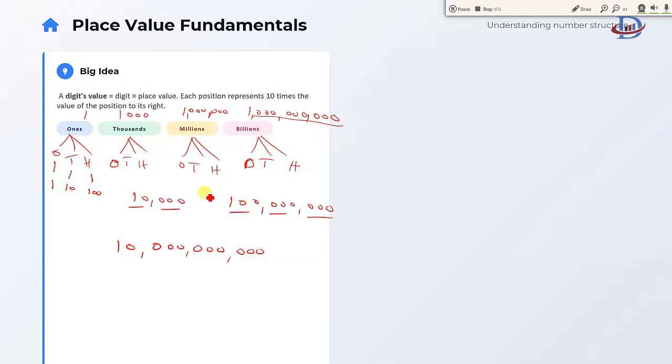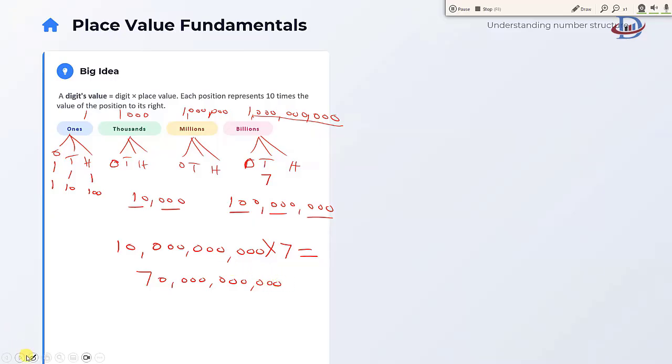And if you want to check the number which is in this position, maybe 7, the value of this one will be equal to 10 billion times 7, which will be 70 billion.